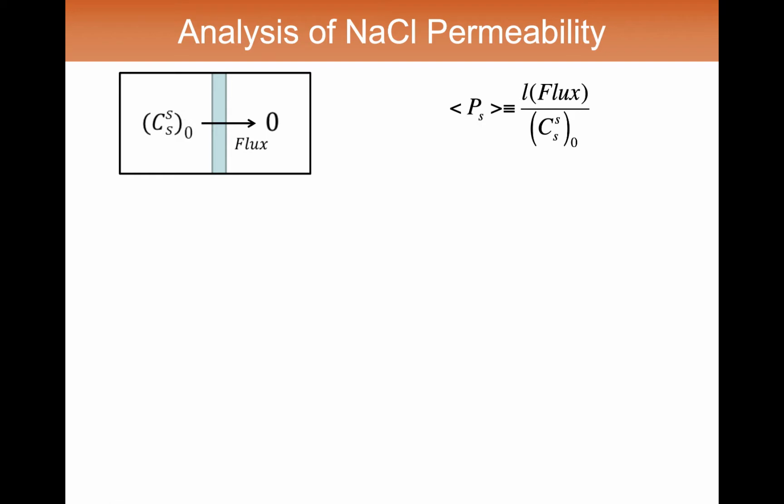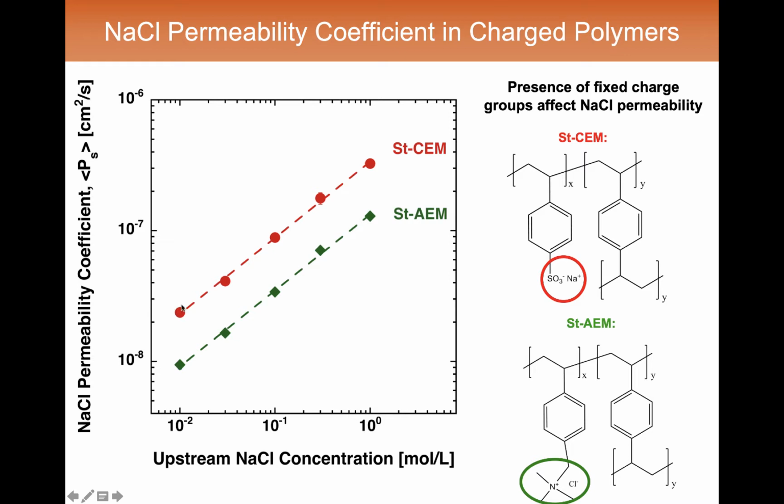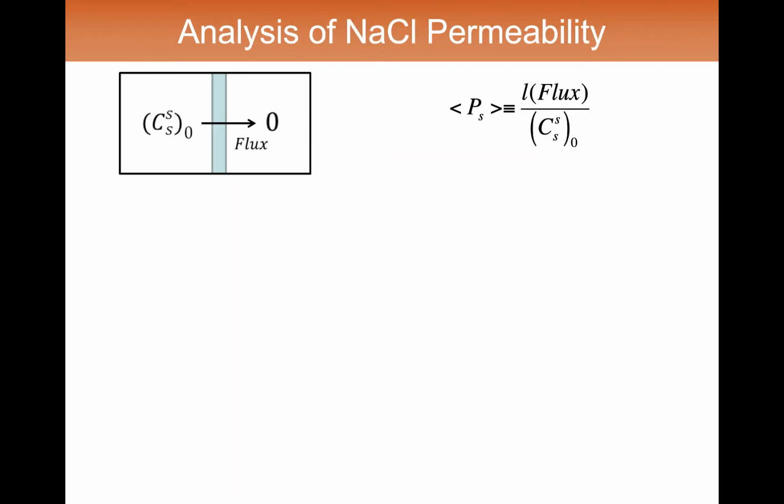Now, the fact that permeability changes by almost 2 orders of magnitude as the upstream salt concentration changes gives us an additional mathematical issue that we have to deal with.